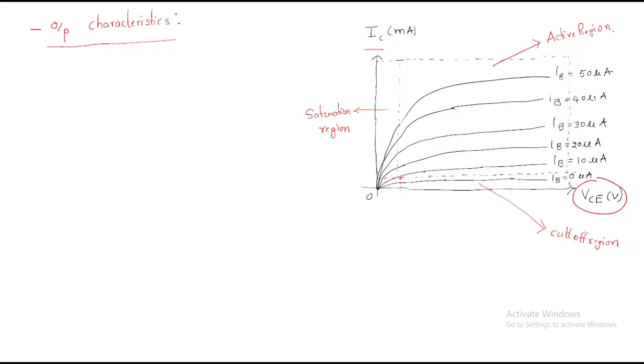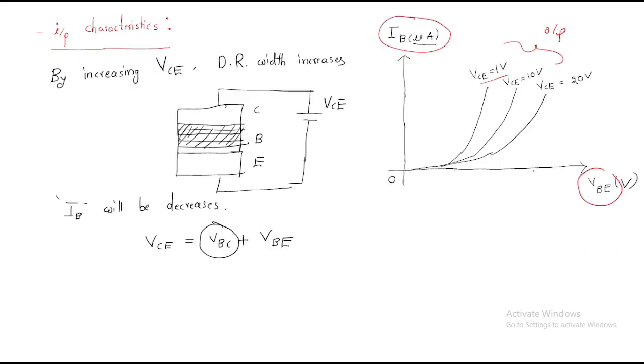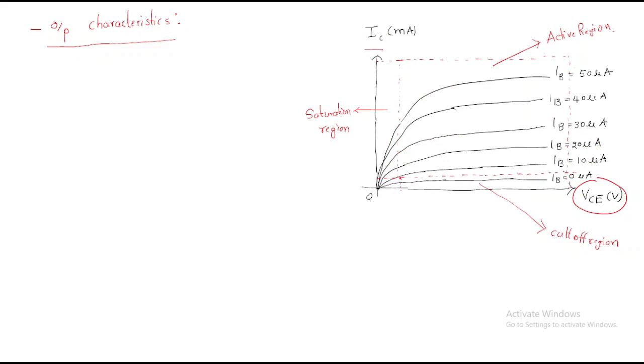So we use IC as the output current in milliamps. In order to draw the curve between output voltage and output current, we have to maintain the base current. Base current means input current; IB is the input current.